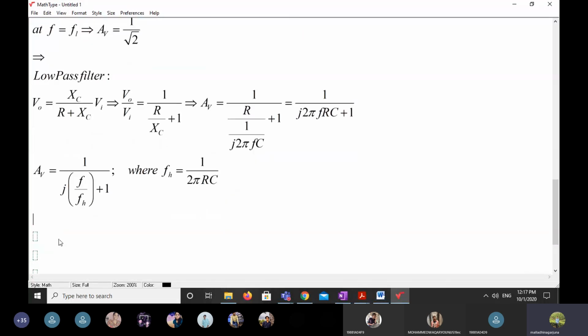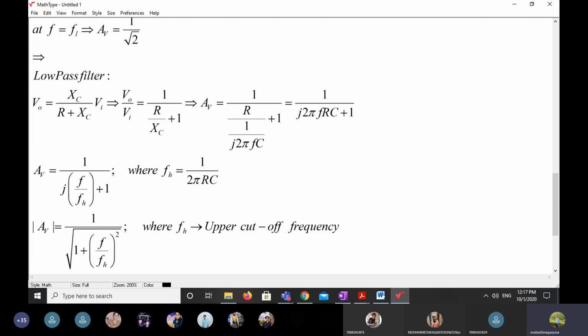Okay, so modulus AV equals 1 by root of 1 plus f by FH whole square. Frequency. So this is the derivation for the low pass filter.